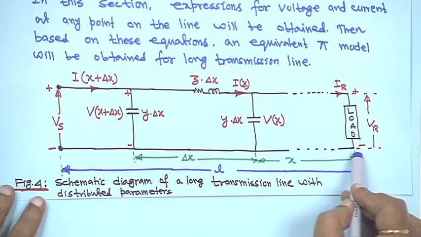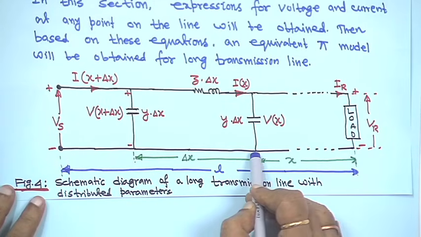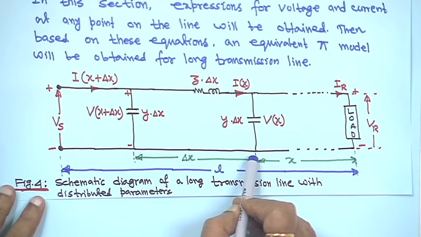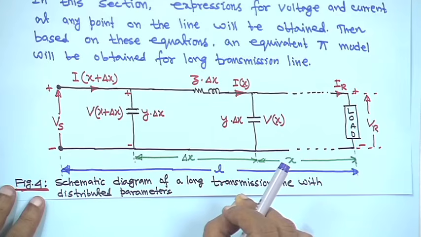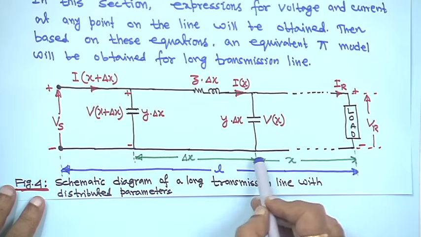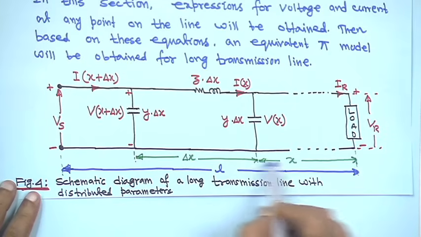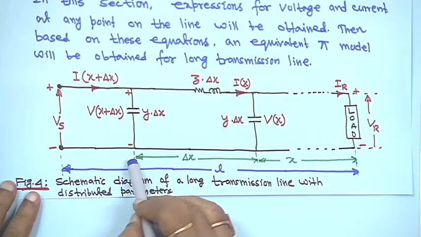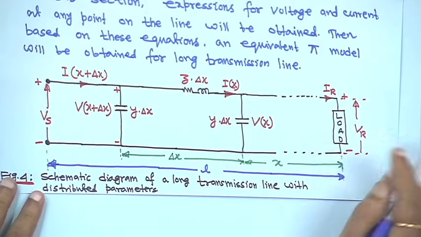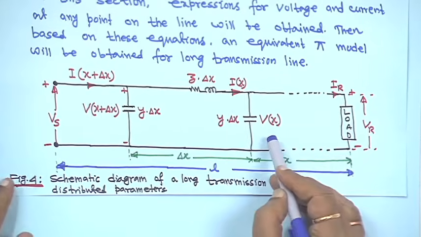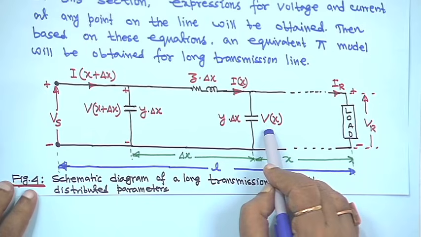From the receiving end, at a distance x, you are considering a small distance, delta x, a very small increment. So, at a distance x, this is x and this is x plus delta x. Here the voltage at distance x is V x.